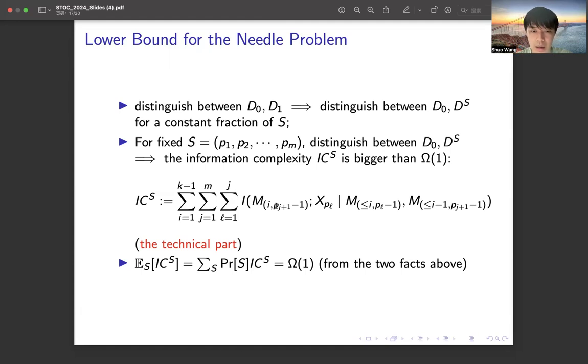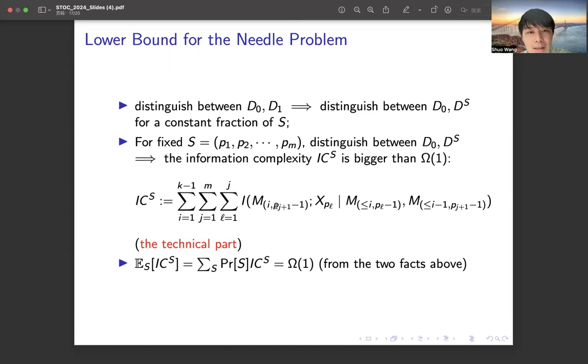And from the two facts above, we know that if we take the expectation of ICS over S, it equals the summation over S of the probability that S is sampled by the process, times ICS.